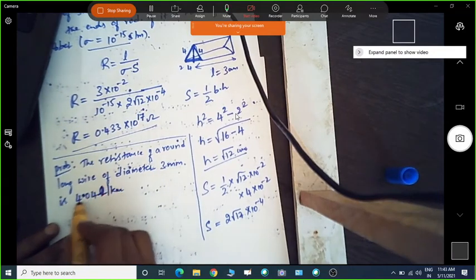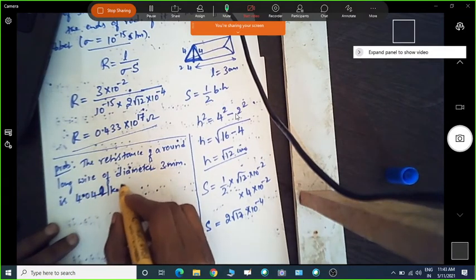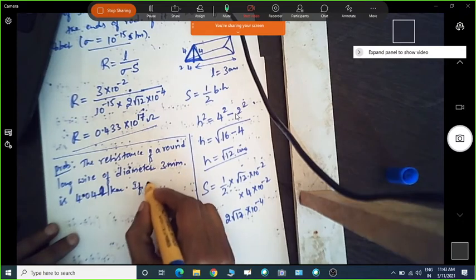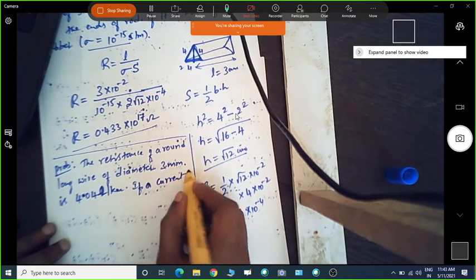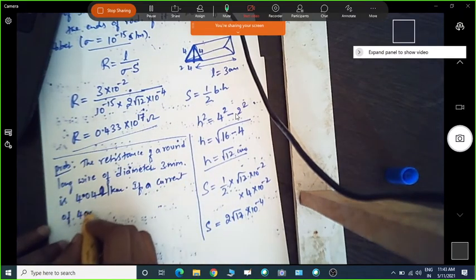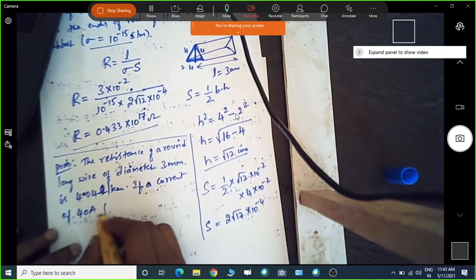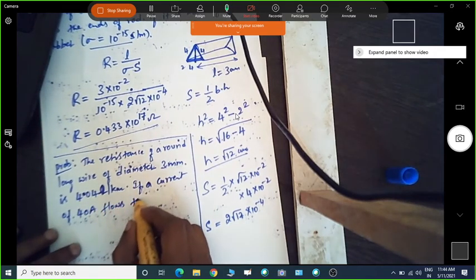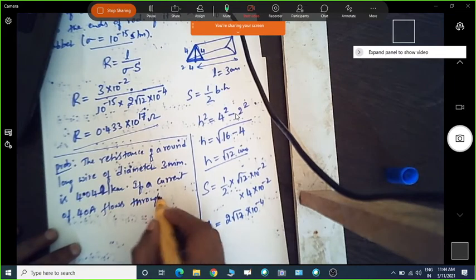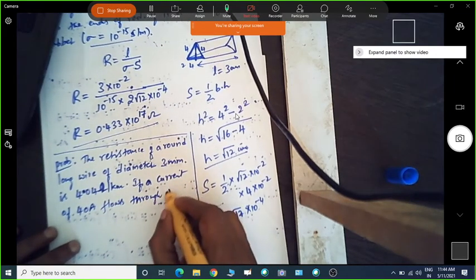The resistance is given as 4.04 ohm per kilometer, if a current of 40 ampere flows through the wire.